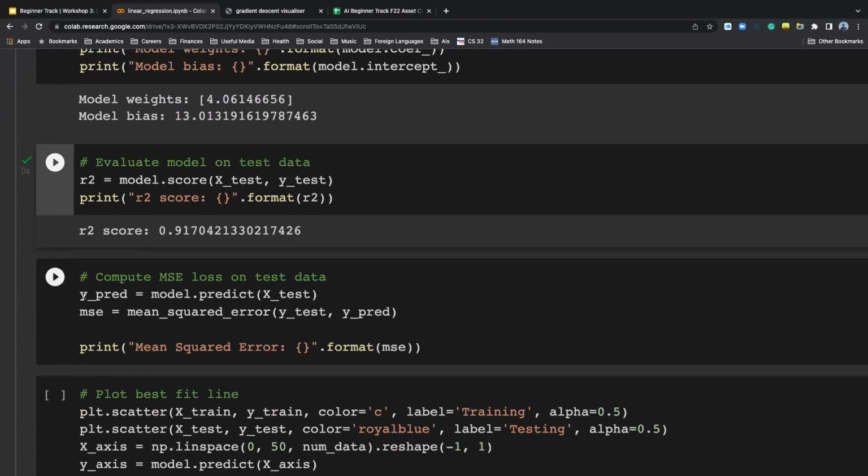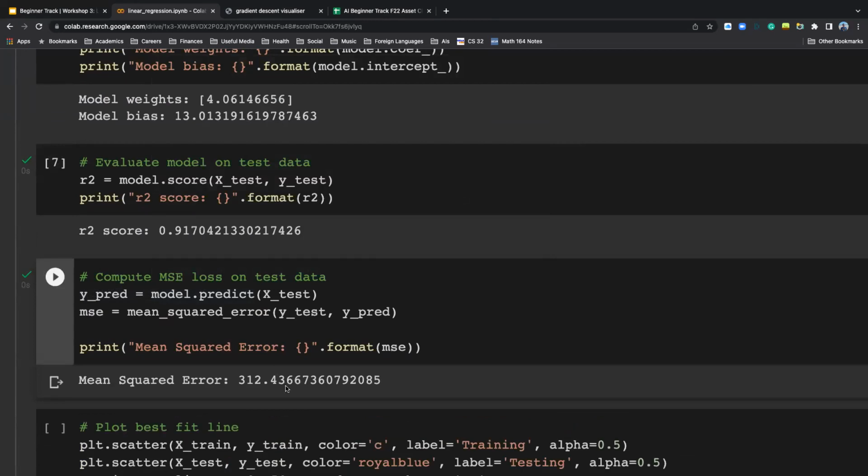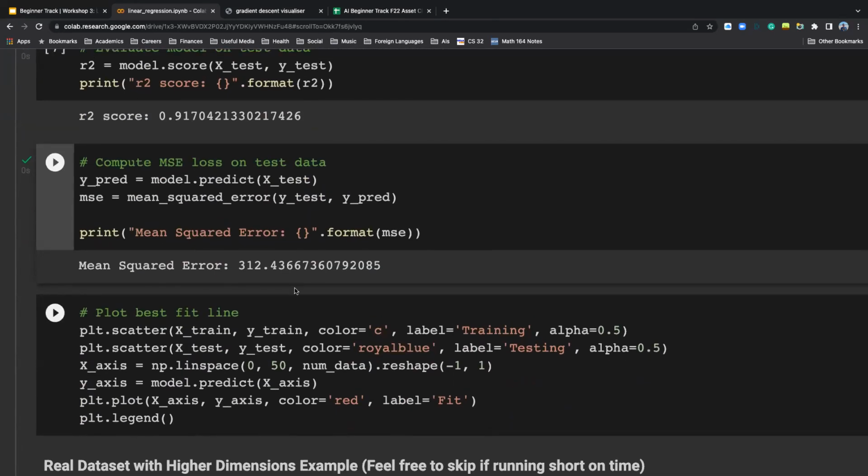So now we're going to compute the mean squared error loss on our test data. And when we do that, we get 312. So what's that supposed to mean? Remember when we were doing mean squared error, calculating how far off all of our values are with each data point?